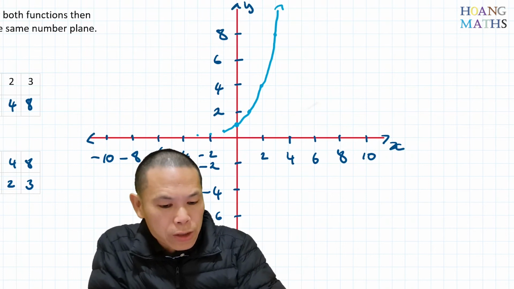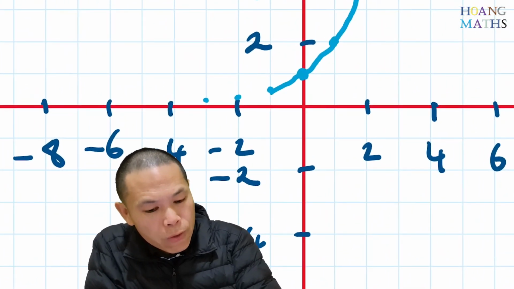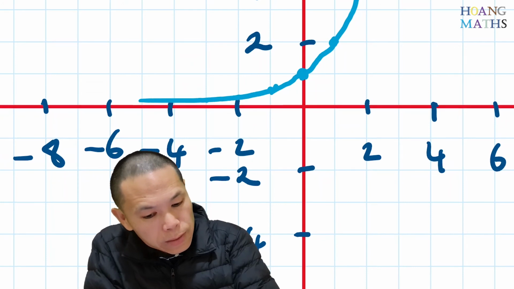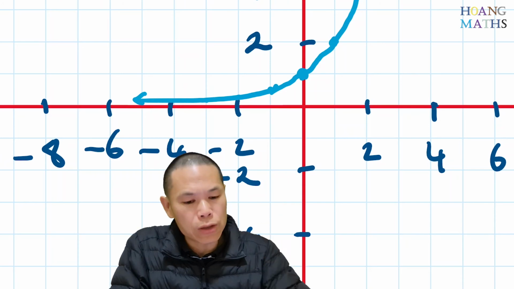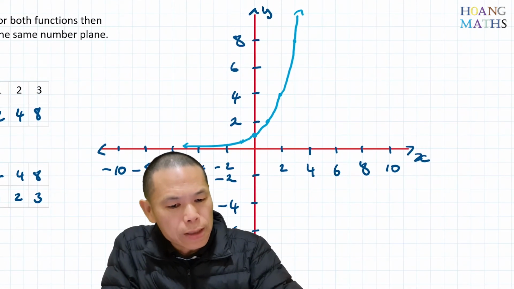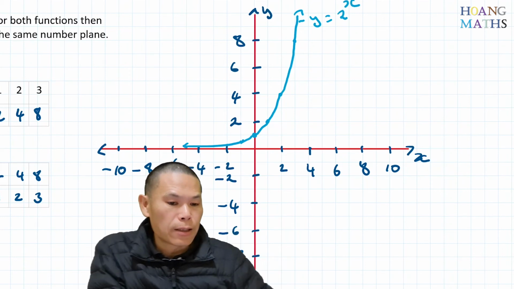And this one here is almost a horizontal line, okay? After negative 4. It never touches the x-axis, okay? Just remember that. So this is y equals 2 to the power of x.